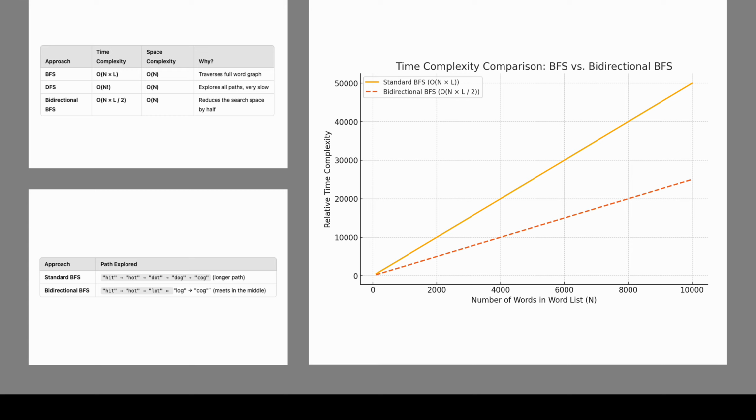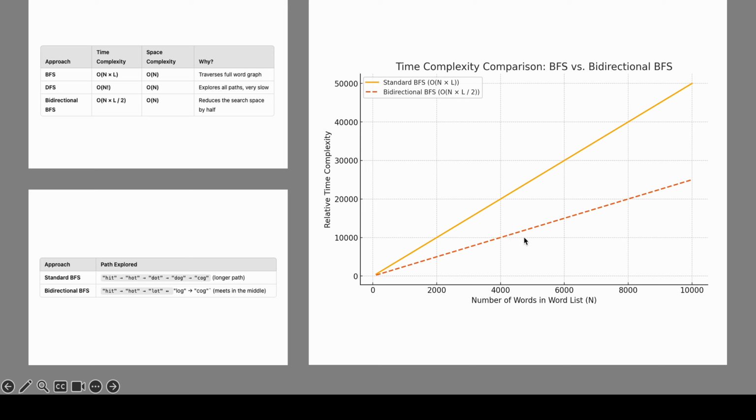And the combination of bidirectional BFS is both time efficient and space efficient. The time here for the standard BFS is big O of n times L, which is what you see here. And the bidirectional is big O of n divided by 2 times L. N is the number of words in the list, and L is the length of each word.